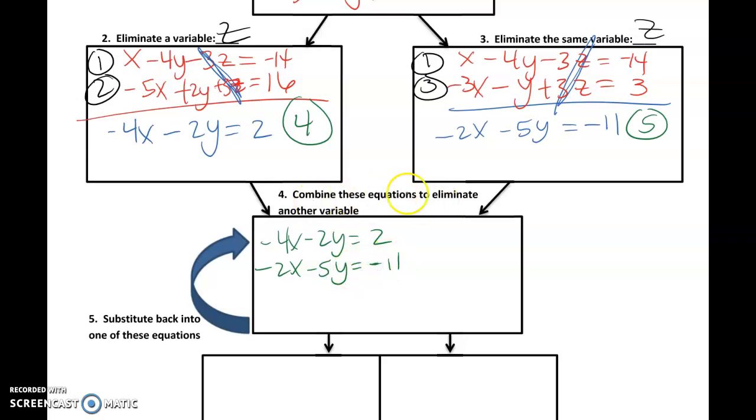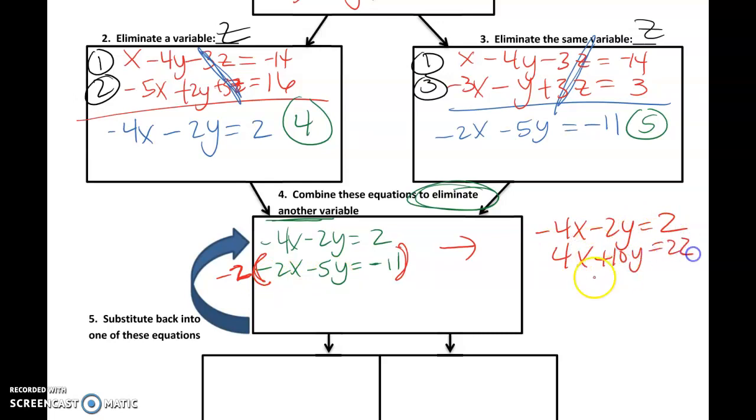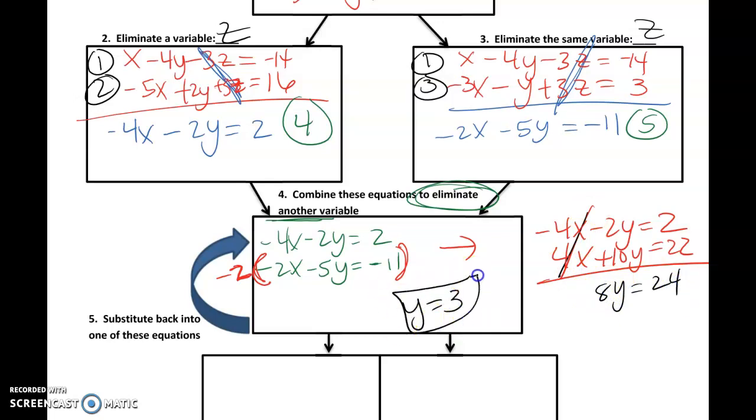And it says combine these equations to eliminate another variable. So I'm going to eliminate my x's by multiplying by a -2 here. And so when I do that, I have -4x minus 2y equals 2, and the bottom equation is 4x plus 10y equals 22. So x's eliminate there, and I get 8y equals 24, so y equals 3.